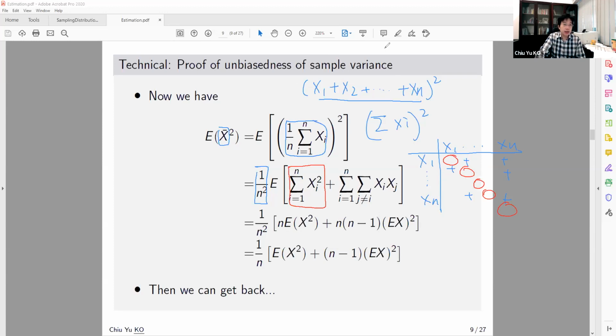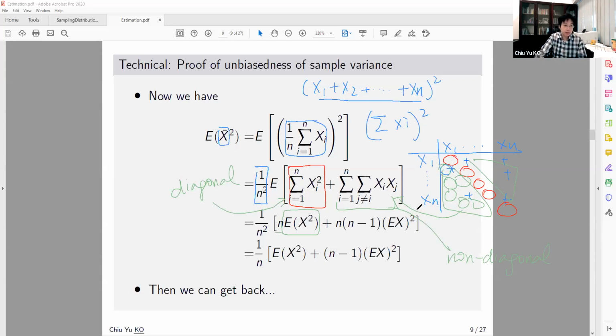And what is not there will not be the sum of the squares. So all other things not on the diagonal are here. So this is the diagonal, and these are the non-diagonal. And the sum of all the diagonal elements will be the same as n of this guy, because each is identically distributed.